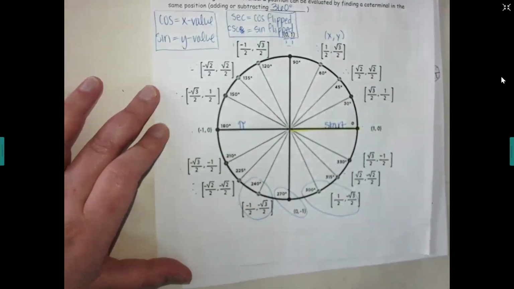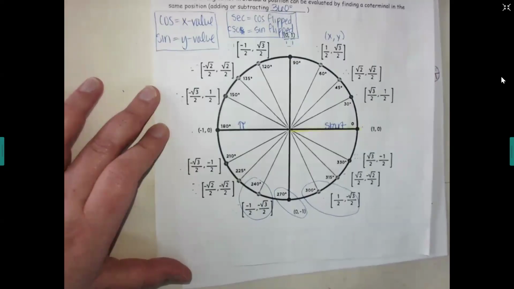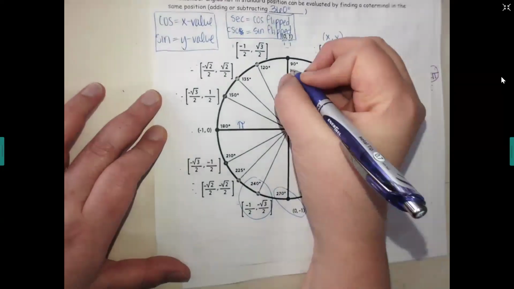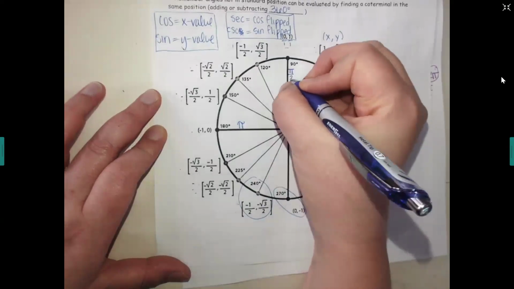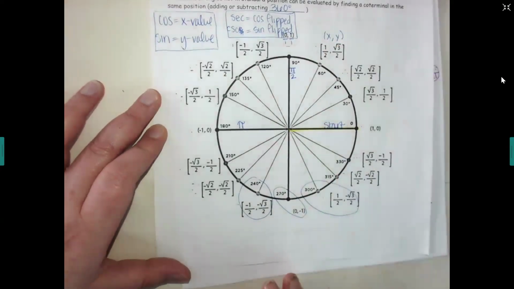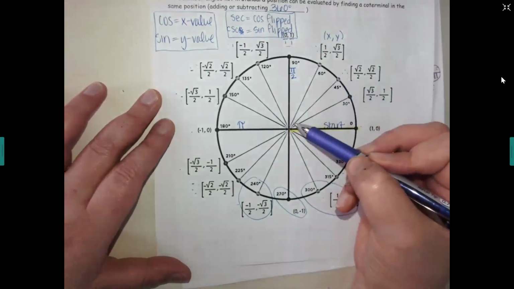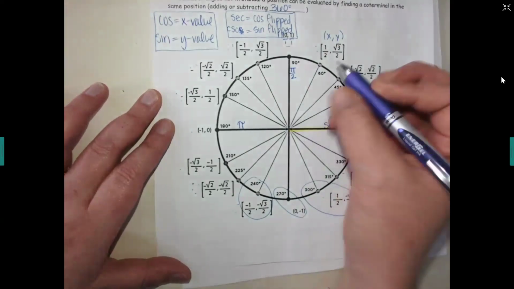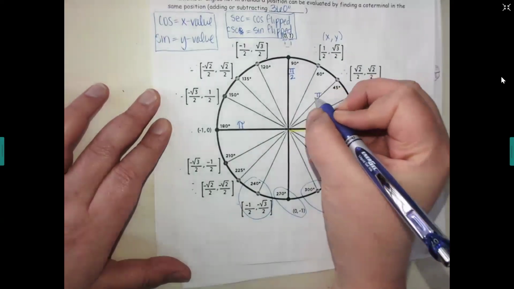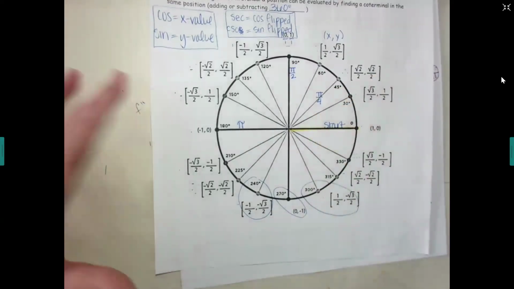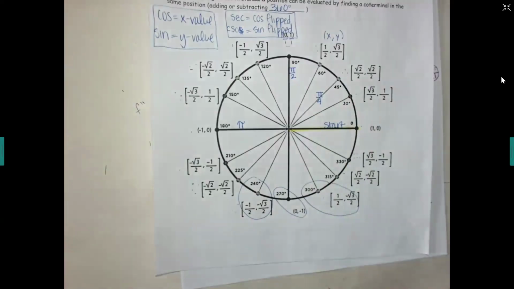You remember? It was pi over 2, or pi cut in half. So put right here, this is pi over 2. Then 45 degrees, when I cut the 90 in half, that was pi over 4. Okay, and try to label it right along the line so that as you're looking back on it, you're not confused where your numbers are labeled.